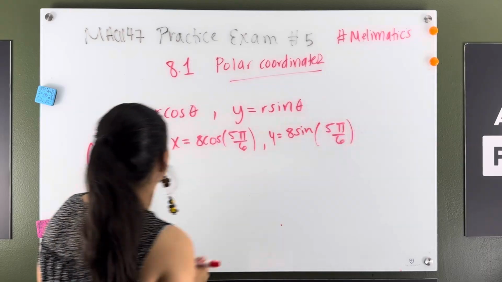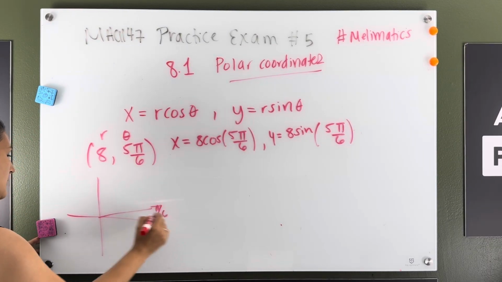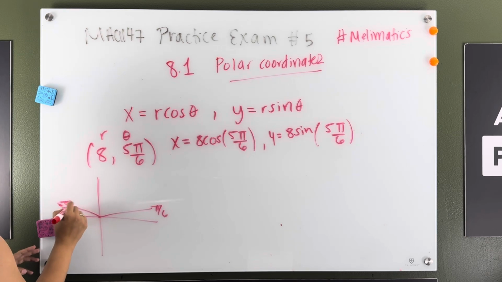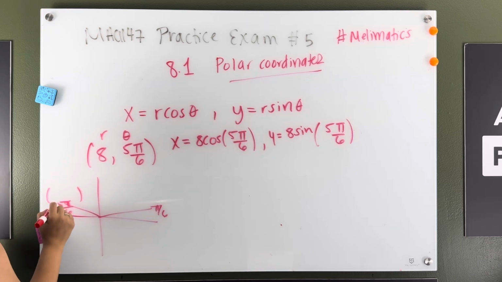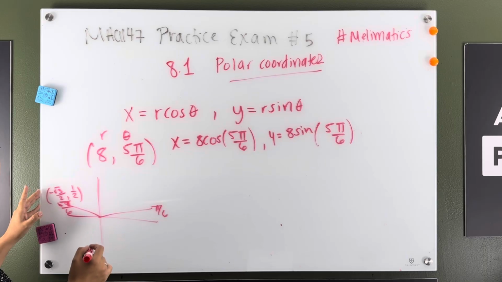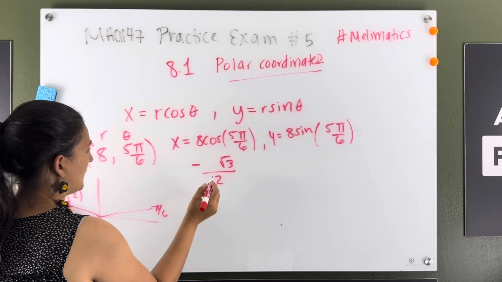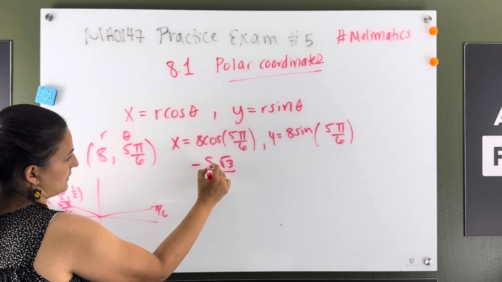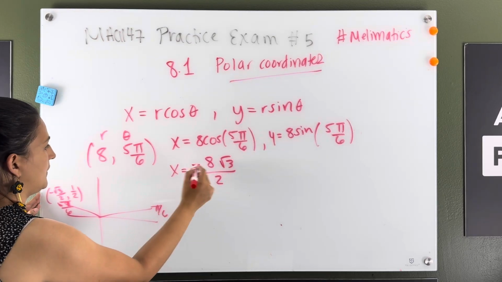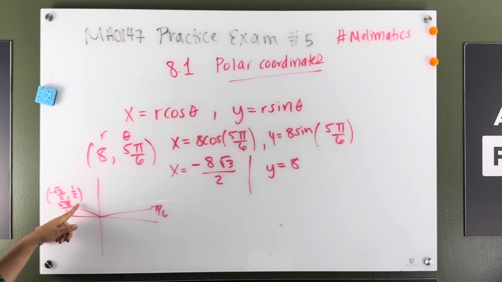You need to figure out the coordinates in the unit circle for 5 pi over 6. Negative square root of 3 over 2 and 1/2. Alright, so cosine of 5 pi over 6 is negative square root of 3 over 2. And then again, you have to multiply by that 8, so don't forget the 8. While y is 8 times sine of 5 pi over 6.